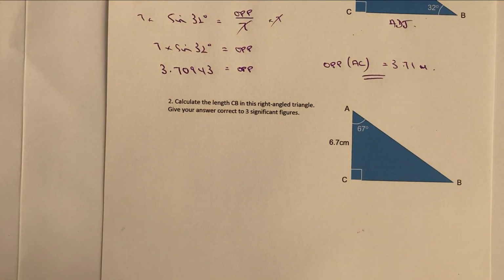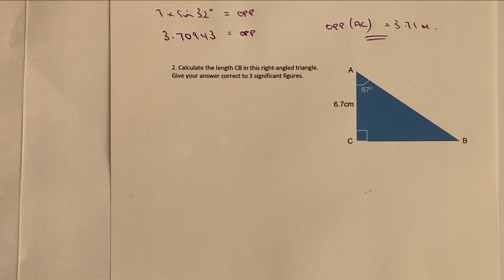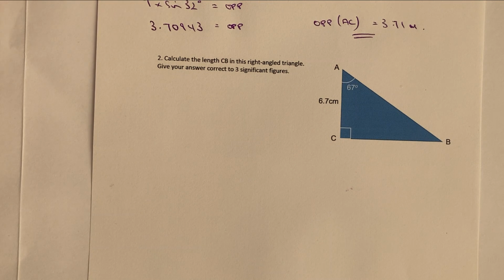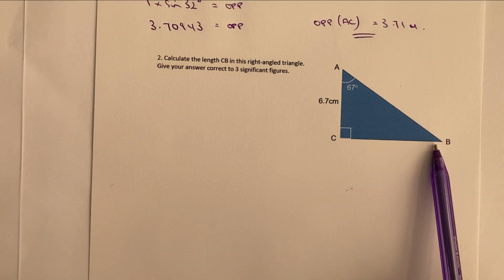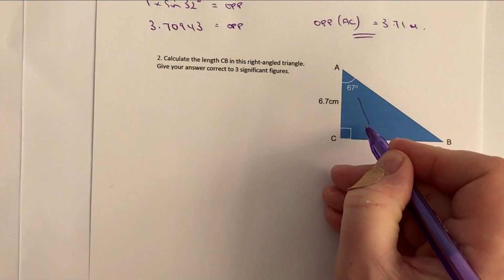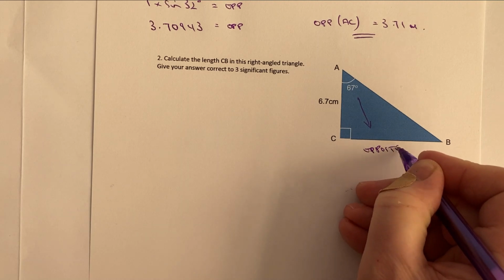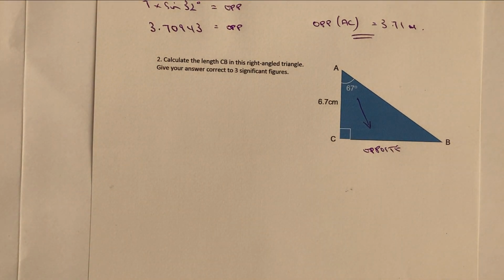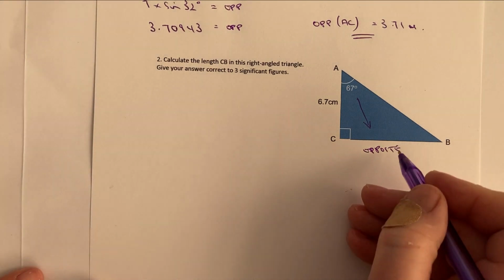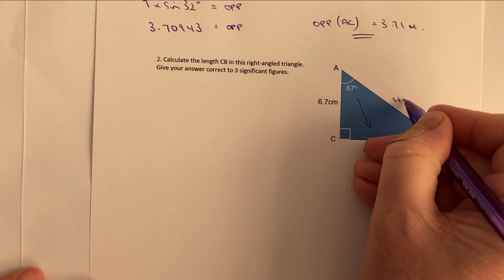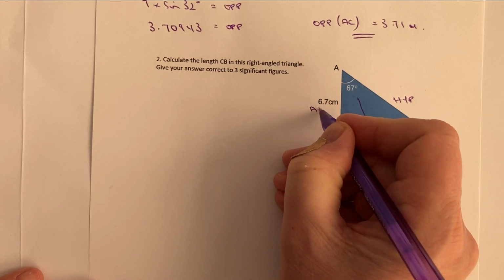Okay, so this particular question then is going to be a very similar sort of idea, and we're being asked in this particular case to calculate the length CB, which actually again is the opposite, okay, to angle A, 67 degrees. Okay, so the first thing I'm going to label is the opposite, then I would label the hypotenuse, and then finally the adjacent.